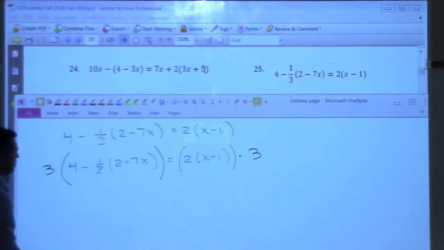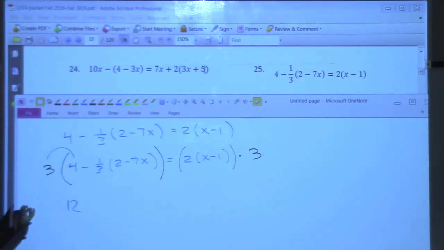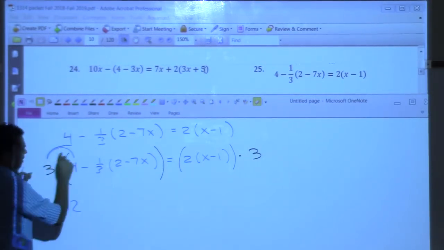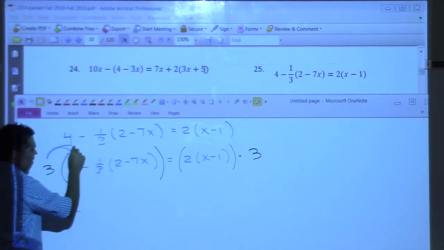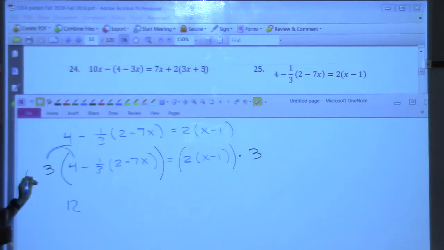All right, so let's see how this is going to distribute. Here to here, that's just 12. We're good? Okay, 12. All right, now this is the part where students get in trouble. This 3 has to go through. Is it going to go to the 1/3 and get distributed through here, or does it just go to one of them?